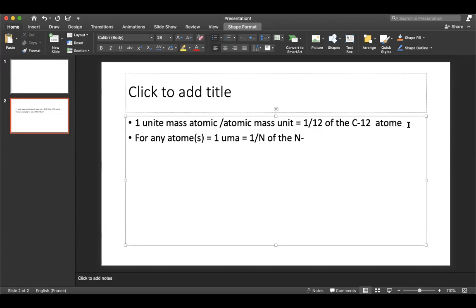I'll use small m for the mass of that particular atom.